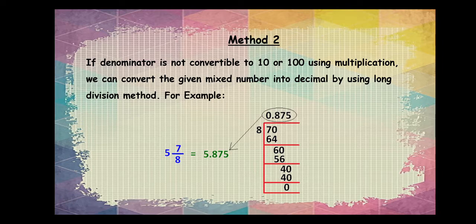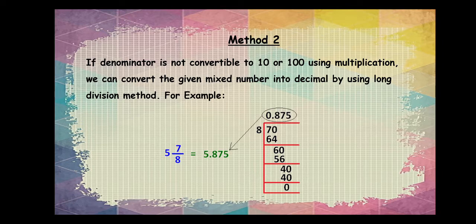Now it is 70 and 8 times 8 is 64. After subtraction, we get 6. We don't have any more digits, so again we put 0 and bring it down. It is 60. 8 times 7 is 56. After subtraction, there is 4. Again, we don't have any more digits to bring down, so we put 0.